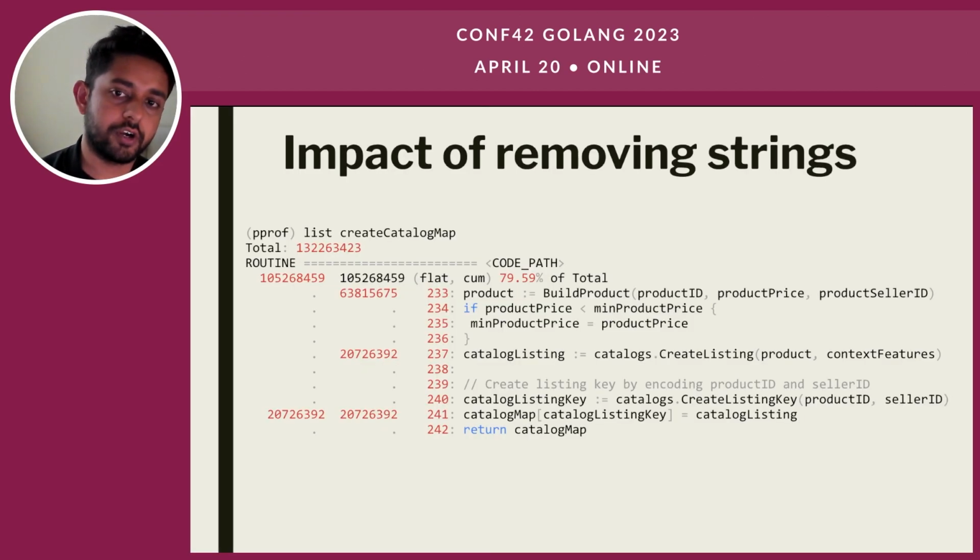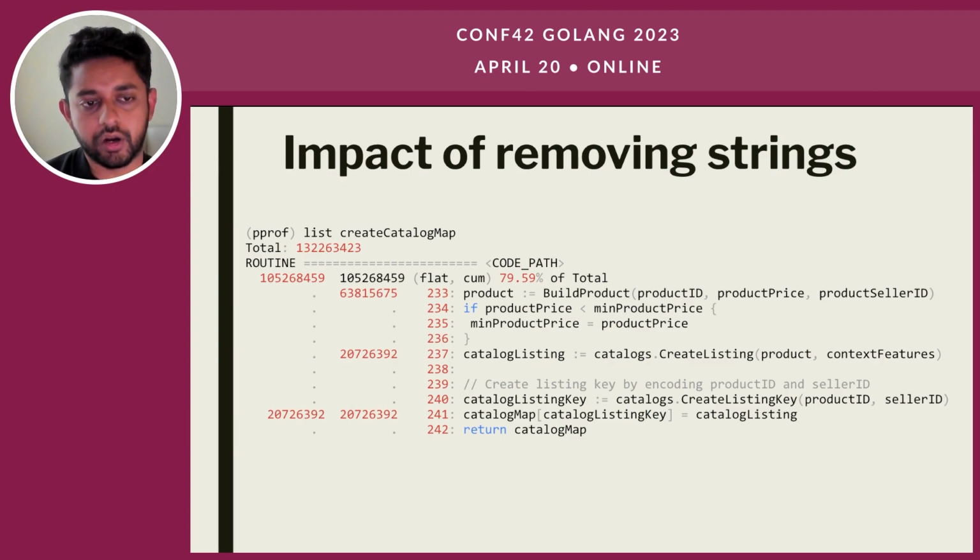So going back to our example, if we look at line 237, we're creating a new catalog listing each time, and then on line 241, we're assigning it to a map. So we're using this catalog listing key, which we're doing by encoding product ID and seller ID together.